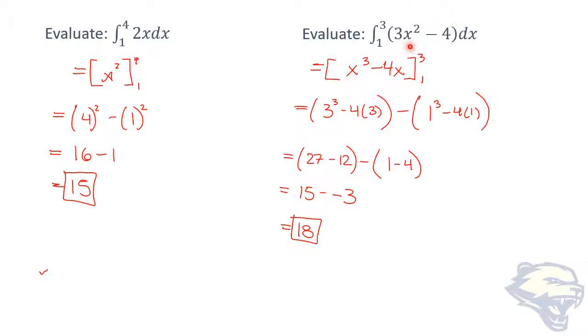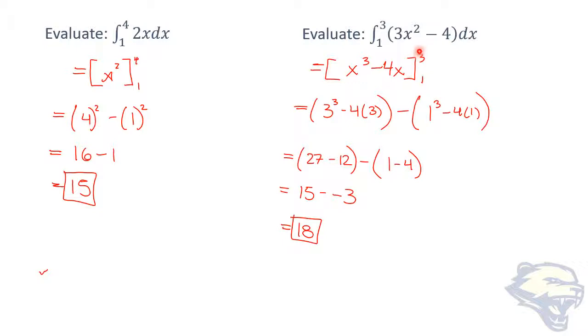So 3x squared is going to go up to the third power, and I will divide out the 3. Remember, we're doing the antiderivative, so the powers are going up, so minus 4 becomes minus 4x. So I'm going to put both of those in the little brackets together, and that's going to go from 1 to 3.